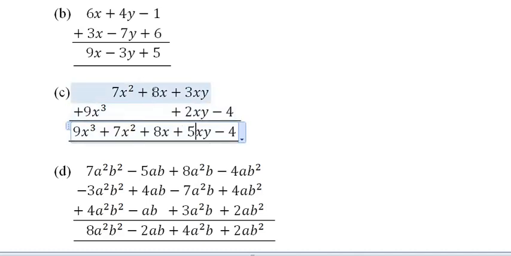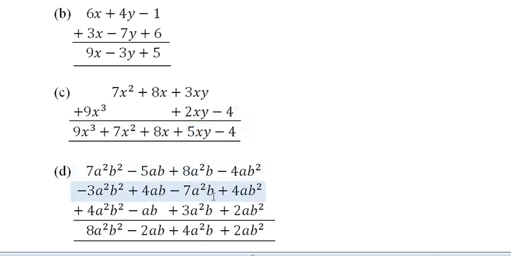And 8x plus 0 will be 8x. For 7x squared plus 0, it will be 7x squared, and 9x cubed plus 0 will be 9x cubed. So the ultimate answer is 9x cubed plus 7x squared plus 8x plus 5xy minus 4.